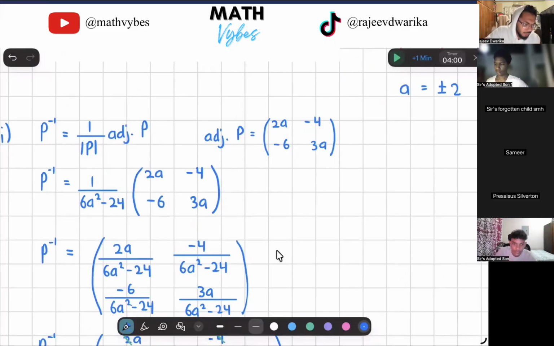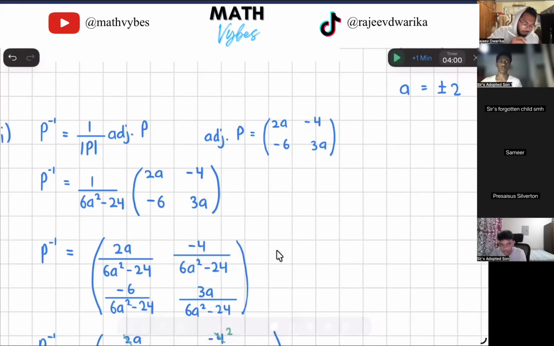Can I find the inverse of a singular matrix? Tell me yes or no. Could I find the inverse of a singular matrix? No, I can't.